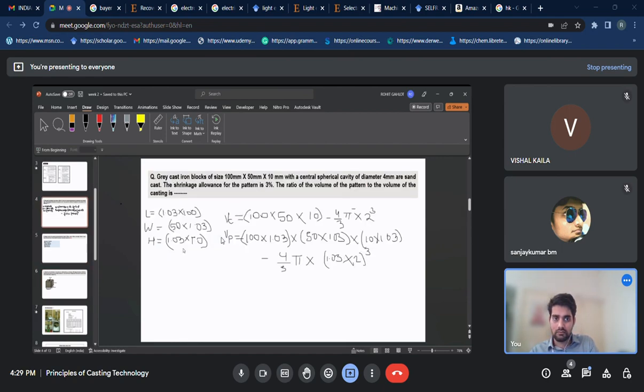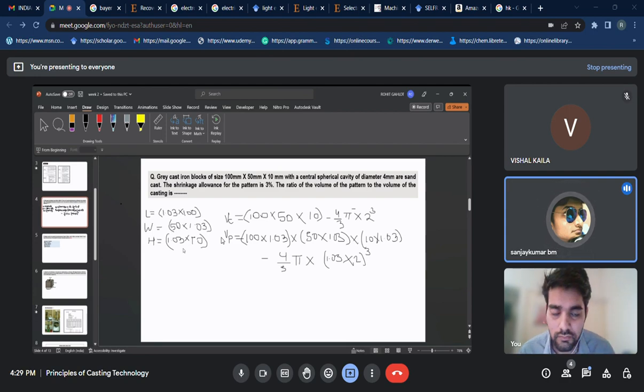This is a diagram for another question, but imagine there is a cavity in the center which is 4 mm in diameter. Are you able to imagine it now?